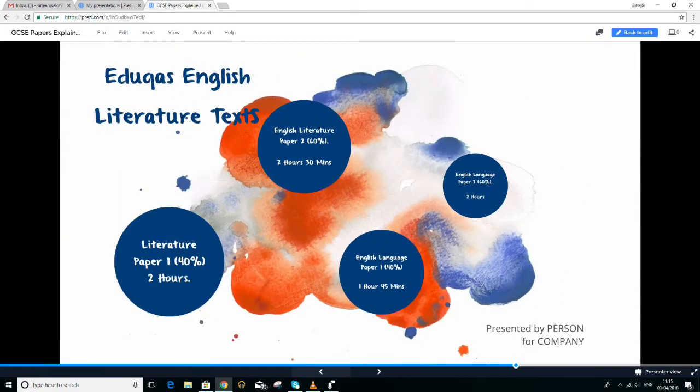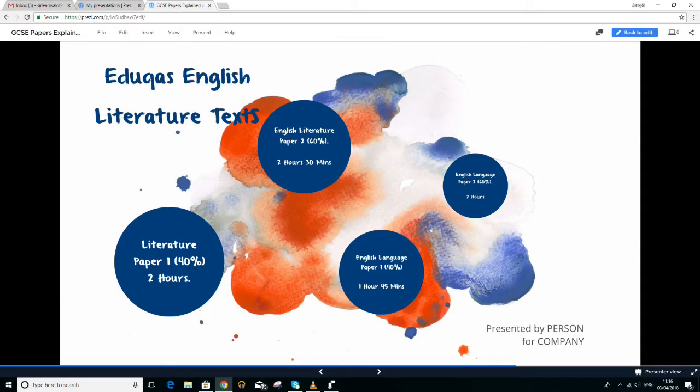The English language exams are difficult to get your head around, but once you've got your head around them, it becomes much easier to gather what you need to do at each individual section. So please do take the time to sit down and look at these. The other thing I would recommend doing is, if you have access to the internet, which you obviously do if you're watching this video, is on the Eduqas website.